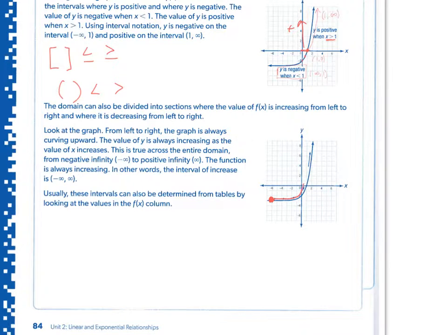Then they really start to skyrocket and increase very quickly with respect to our x's. So if we look at this and ask where our function is increasing, our values for both x and y are always increasing throughout the entire graph.